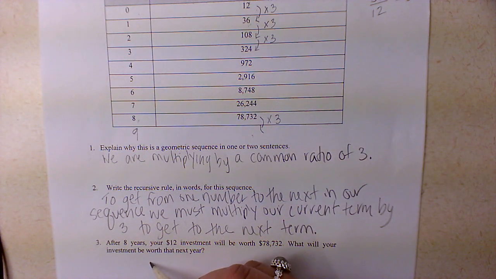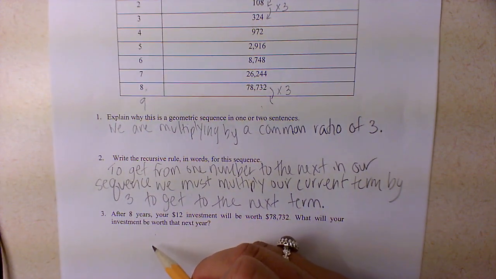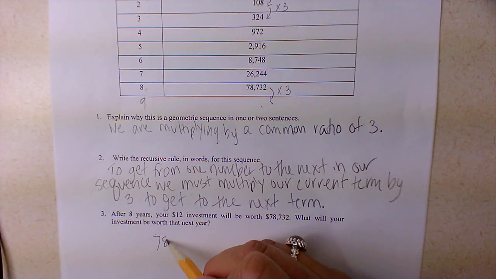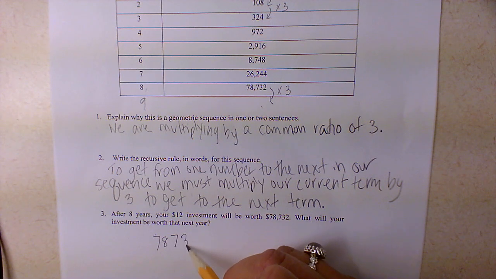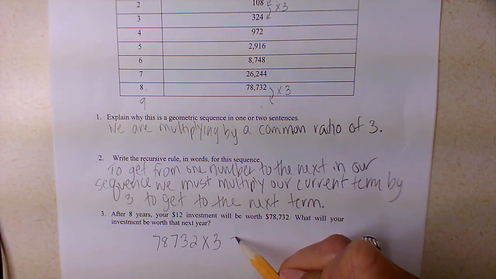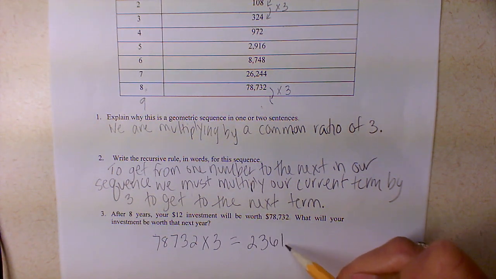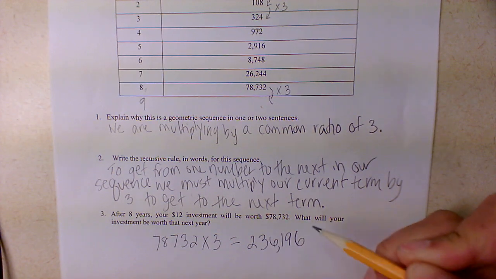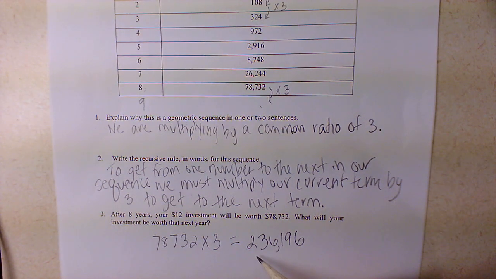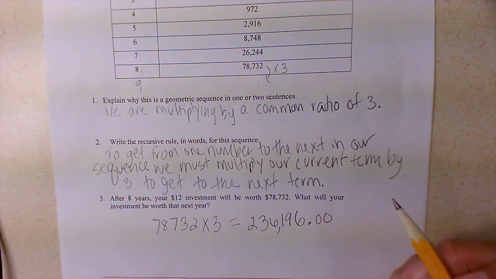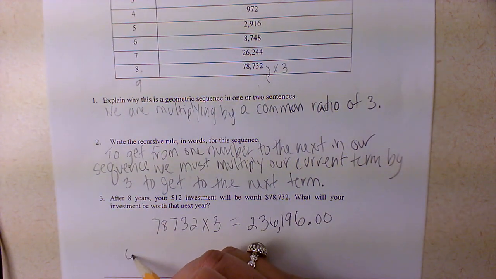So the math that we're going to be showing to justify why this works is 78732 times 3, and that's going to give you $236,196, which is awesome. So let's write it out in a complete sentence.